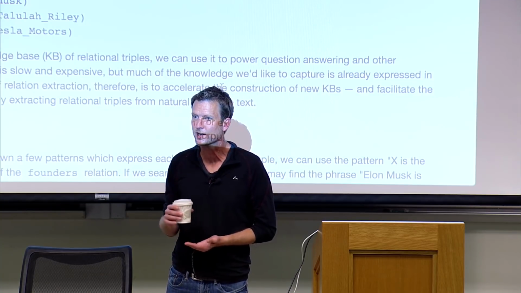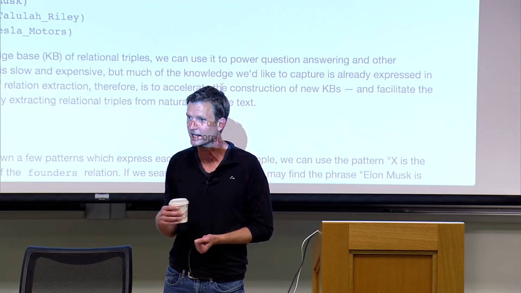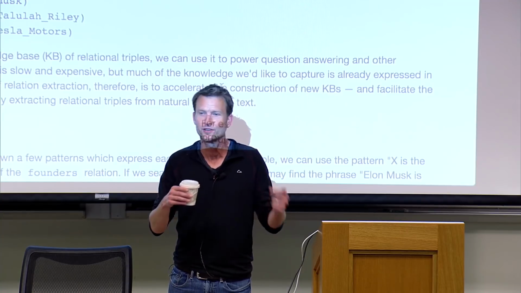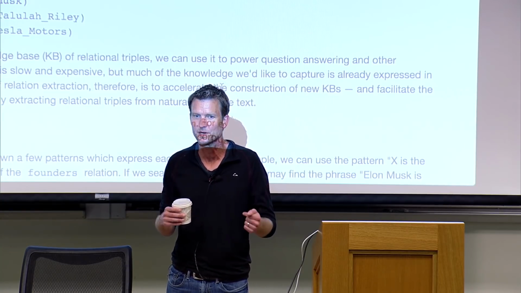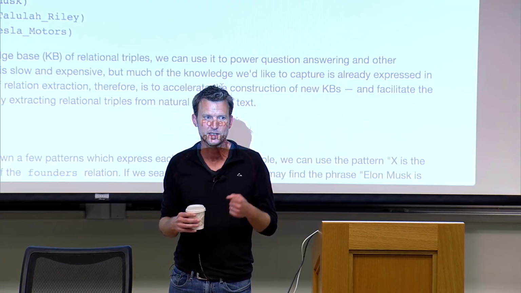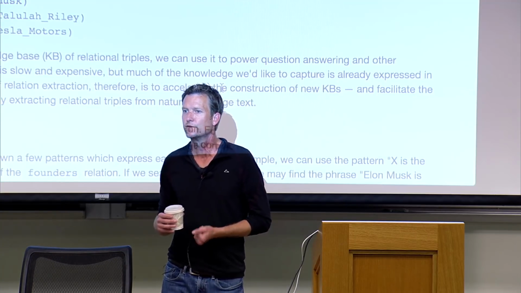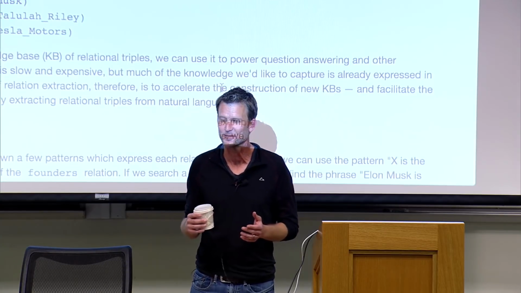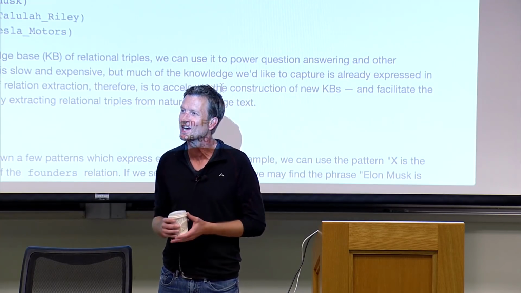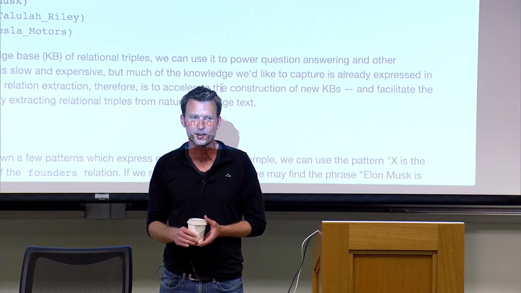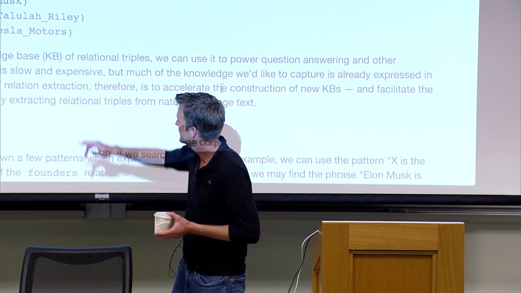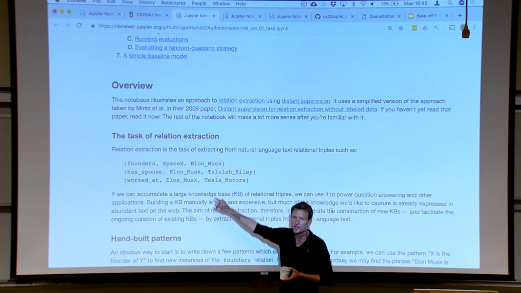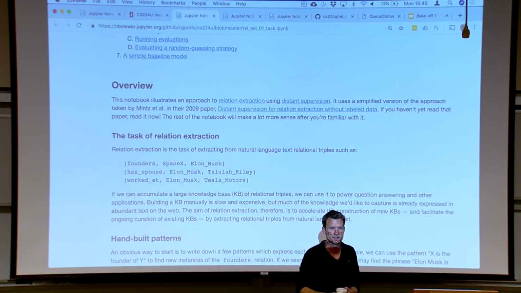For example, my current boss, John Giannandrea, earlier in his career founded a company called MetaWeb and was the co-creator of Freebase. Freebase doesn't actually exist anymore, which is a terrible shame. But Freebase was a large community-authored knowledge base, which was essentially a vast collection of relational triples like this.